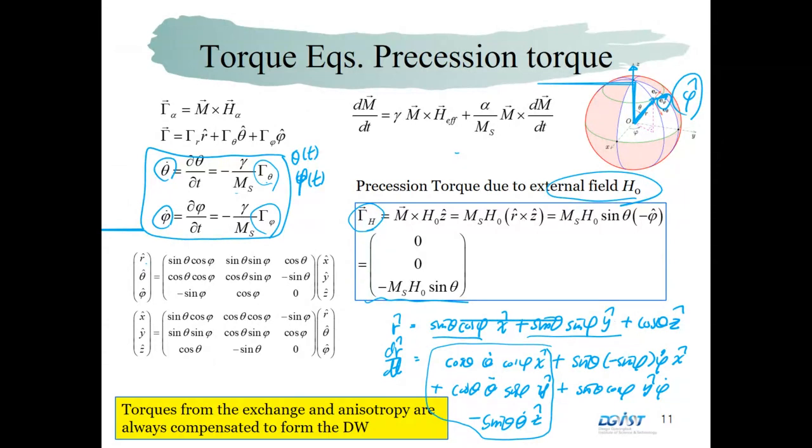And if we take out the theta dot, then this is nothing else but this one. So this part is theta dot and theta hat. And this part, if you take out the phi dot, then we have this one.